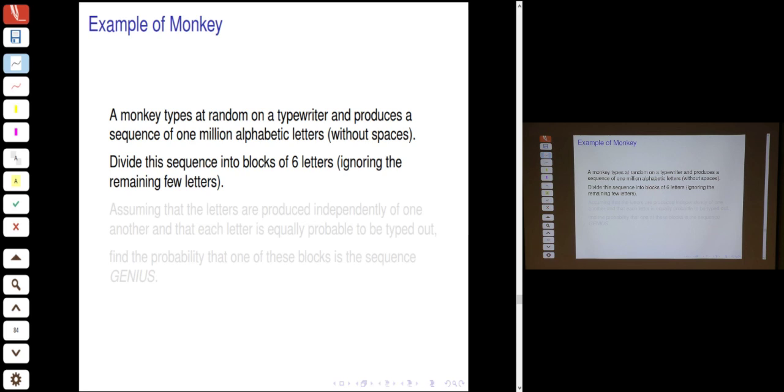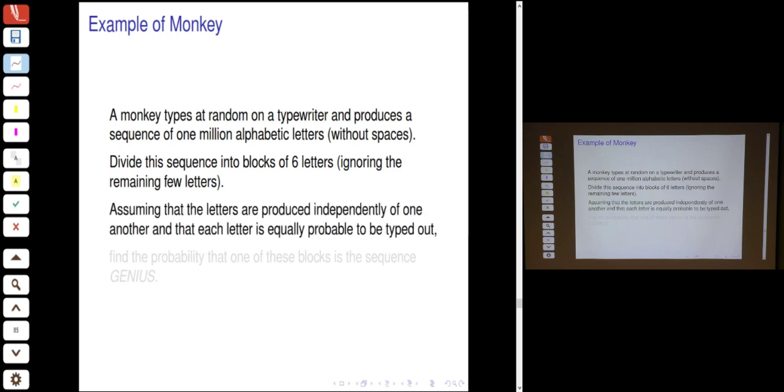Then it produces a sequence of garbage, like 1 million alphabetical letters without space. And now we divide the sequence into blocks of 6 letters. You have a string of 1 million letters, and now you chop them by 6, 6, 6.